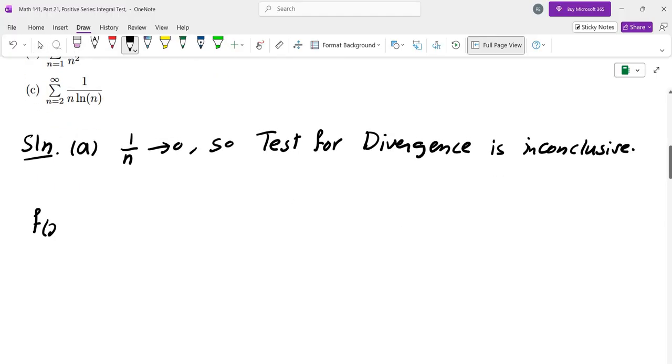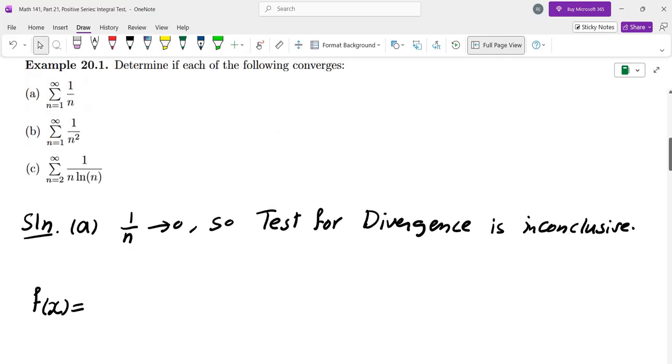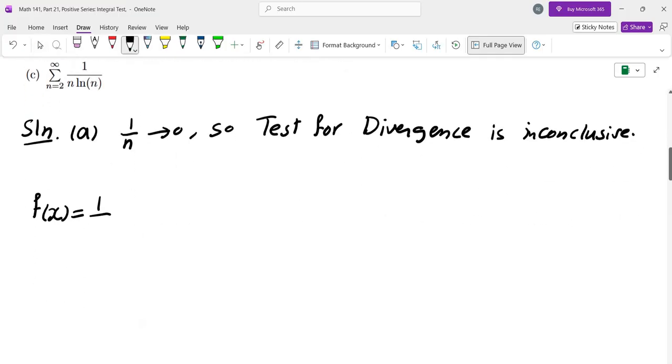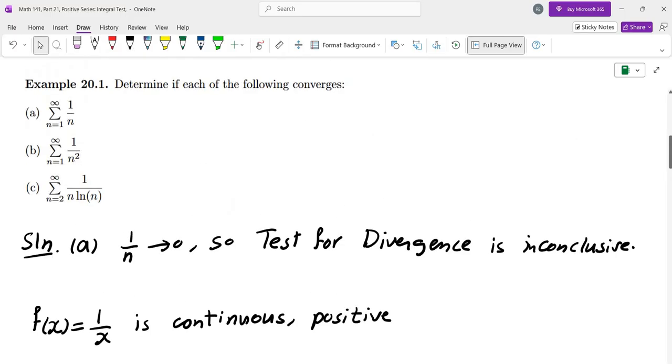The function that gives us the terms of the series is 1 over x. This is clearly a continuous function if we avoid 0. It is also positive because we are starting from n equals 1 to infinity.